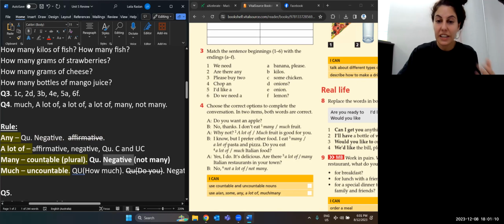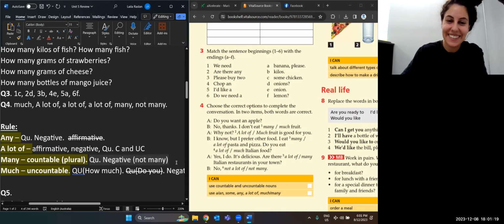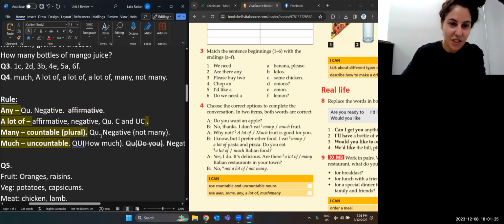So remember, restaurants, you got to look at the noun, is a countable plural. Okay, so you got all the rules? Confusing? That's the rules. So I've tried to write them in a way that gives you a little bit of an idea of a rule. But that's the rules.